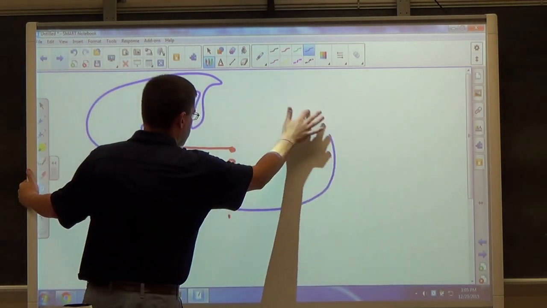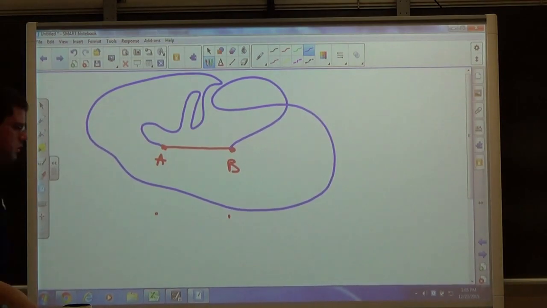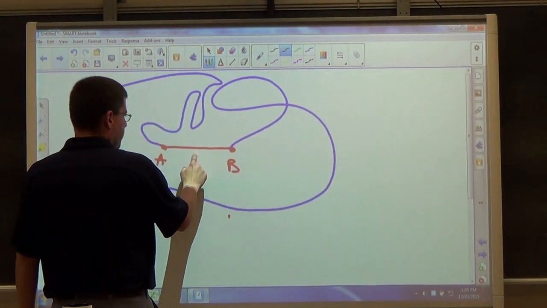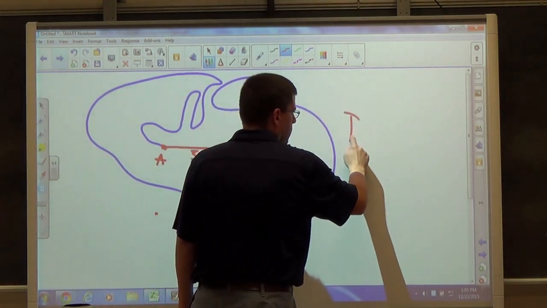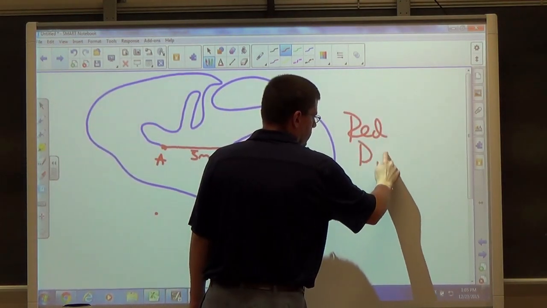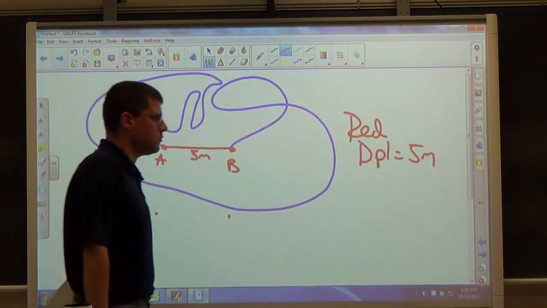Runs all over the place. Blue. Let's say this is 5 meters, from here to here. So for red, displacement, 5 meters to the right.